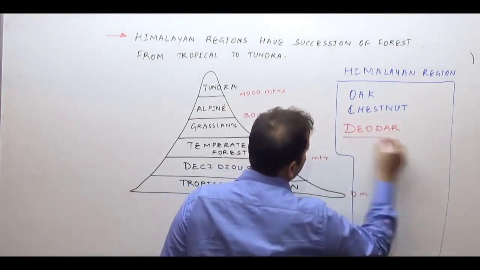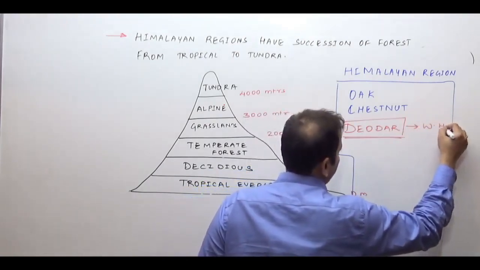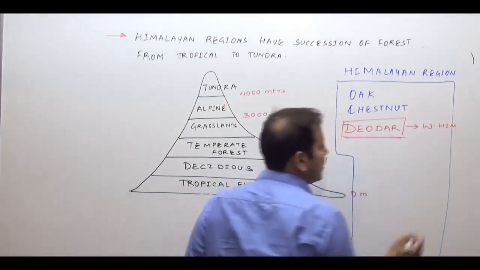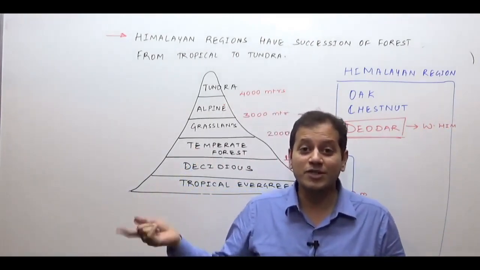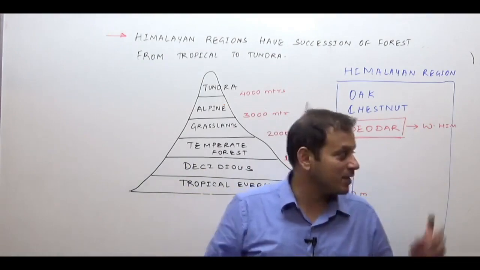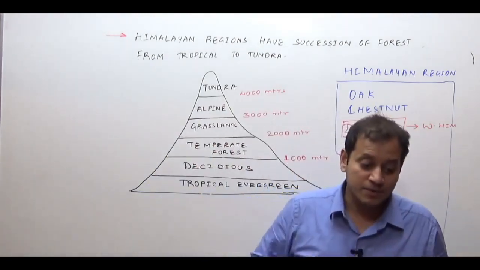So the Deodar is an important species in the western Himalayas. If I ask you a question, Deodar in the state of Arunachal or Uttarakhand or Himachal Pradesh, western Himalayas. Deodar is an important species of the western Himalayas.